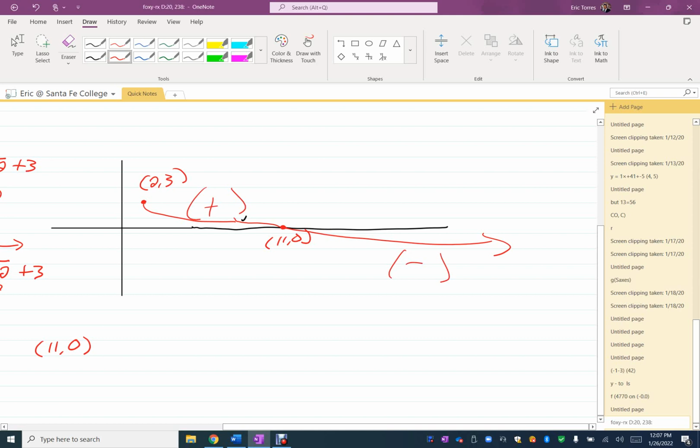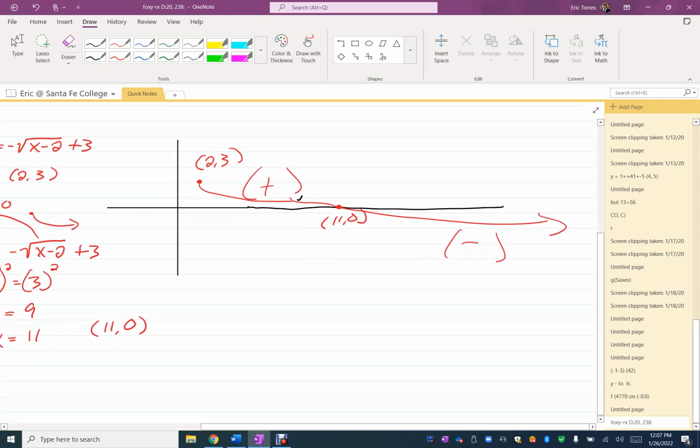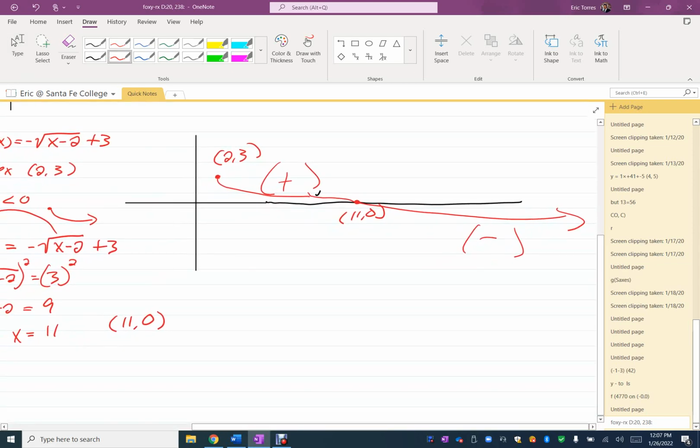So this particular radical function also has a positive and negative component. So it's positive from when x is 2 to x is 11, but definitely not at 11 because that's where y is 0, and 0 is not a positive number. And it's negative once I pass 11.